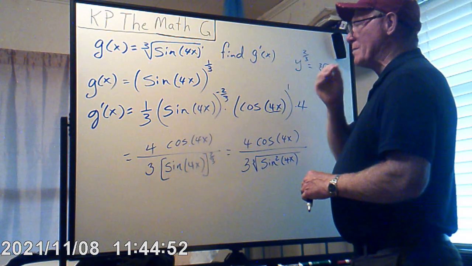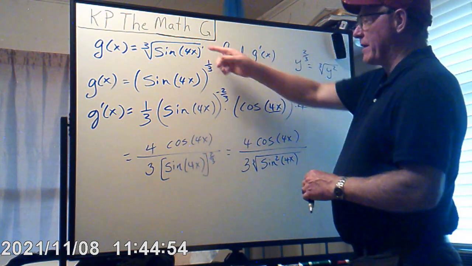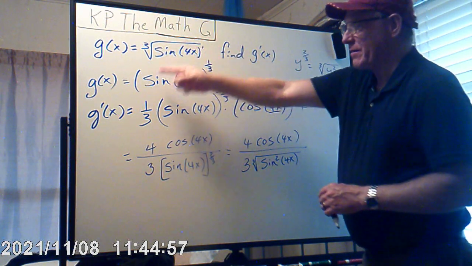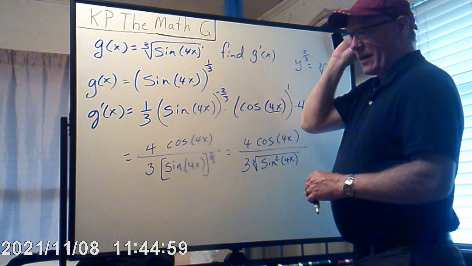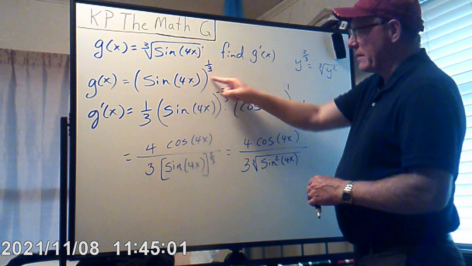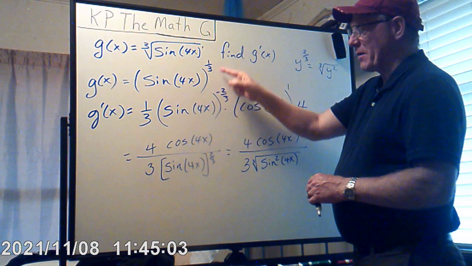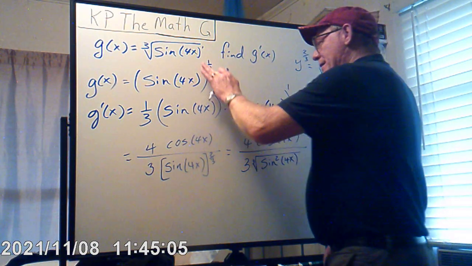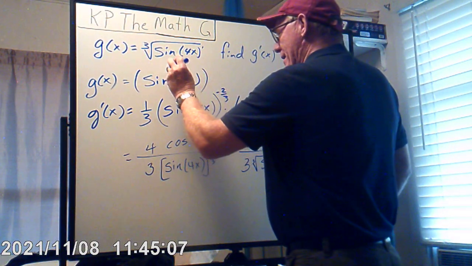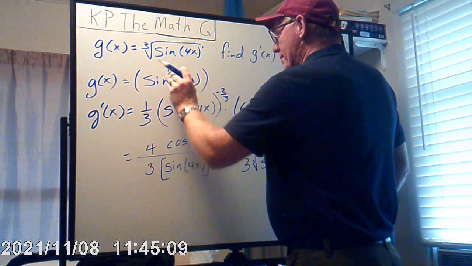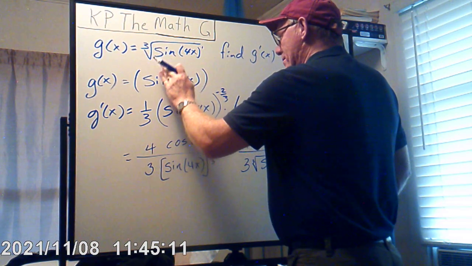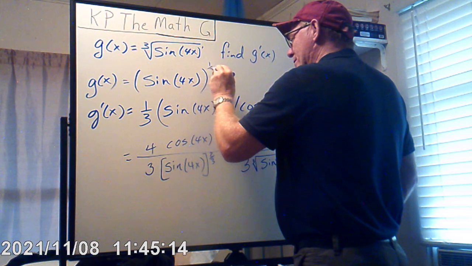So just understand that in these cases where you have some kind of nth root, you can rewrite it as a power. The 1/3 could have gone right here, but usually it does not matter. You can put the whole thing in parentheses.